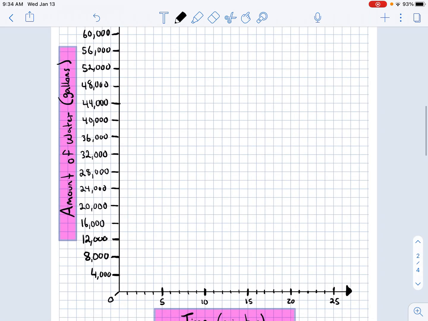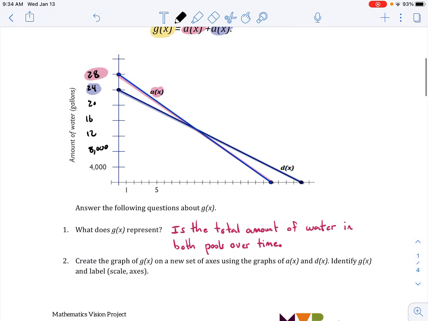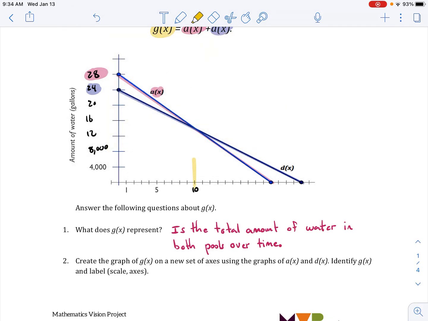So I've created a graph down here. 52,000 represents how much water is in both pools combined. And then if we look down here, 5, 6, 7, 8, 9, 10. At 10, they have the same amount of water, and that amount of water looks like it's about 14,000.